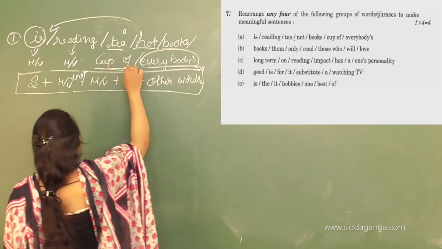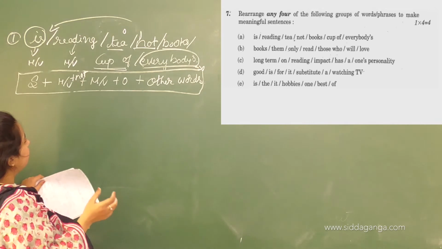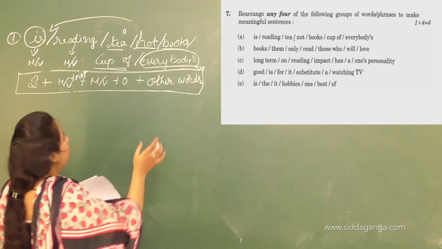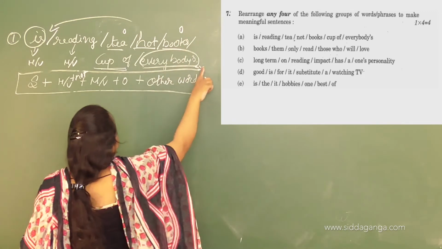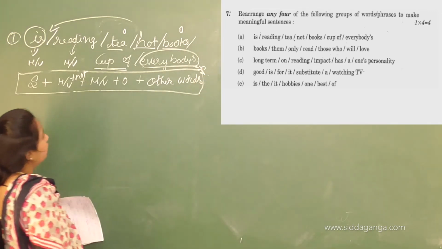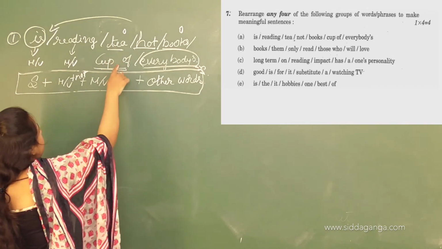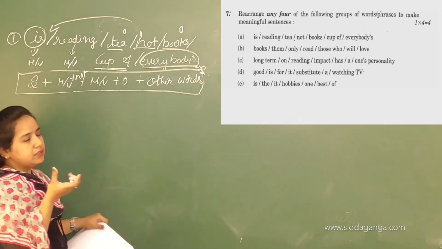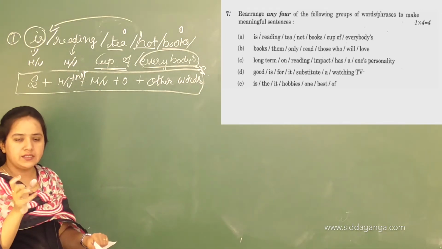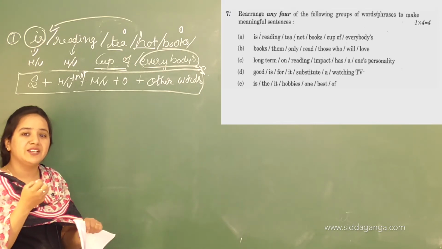Then, books, and what is remaining: tea, books and cup of. Let's talk about tea and books. Books tells about a noun. You can take it as an object or a subject. So here we take this as the subject. We can take tea and cup of, because cup of is a word that tells about the cup which is related to tea.